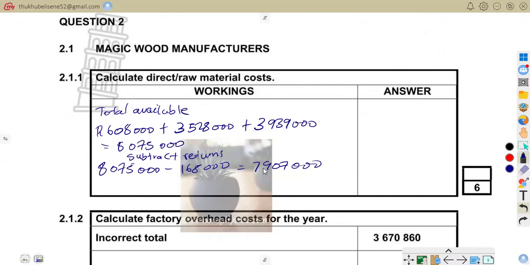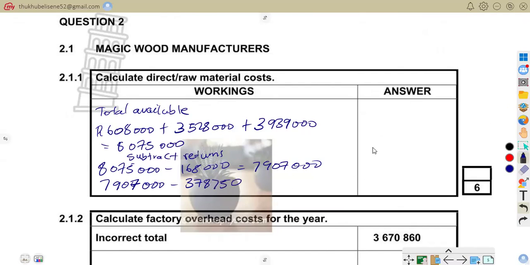From there, we said we are to calculate our closing stock, which is 378,750. So we say 7,907,000 minus our closing stock, which, if you remember very well, is 378,750.